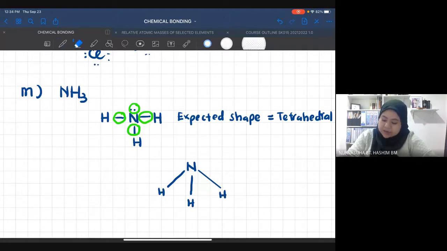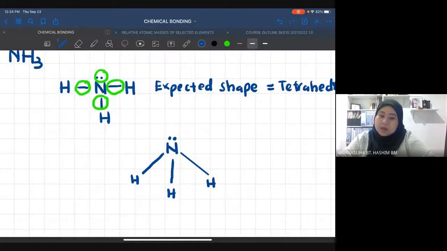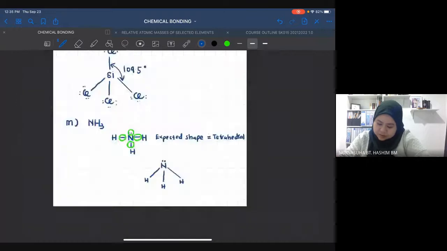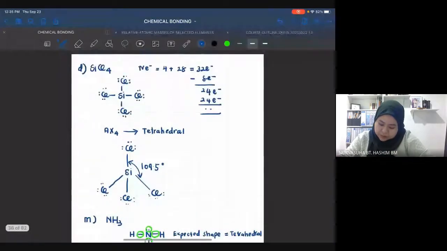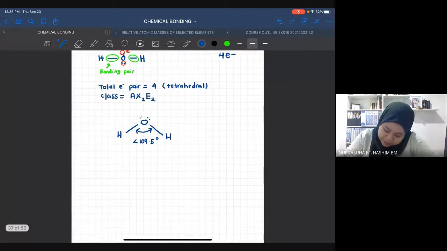We delete the lone pair one, because a lone pair has no bond. So basically this is the shape of the molecule. Now, but before that, oh sorry, the water earlier, I forgot.